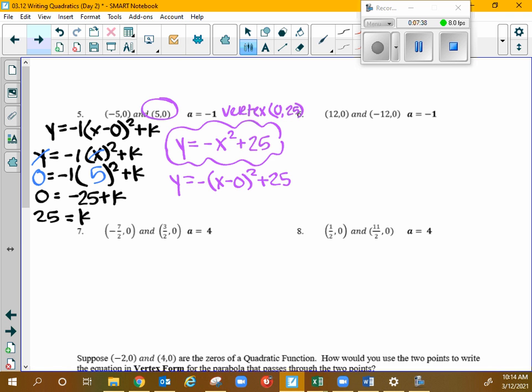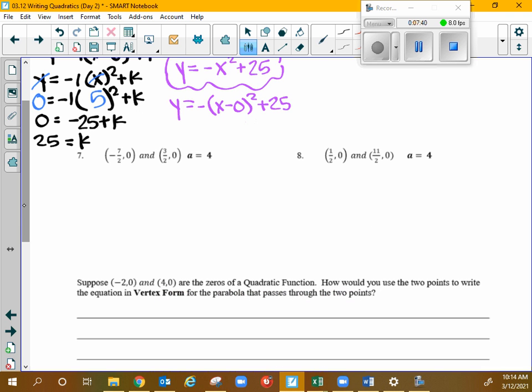All right. Last one together. Number 7. Let's average some zeros. Negative 7 halves plus 3 halves. It's negative 4 halves, which is negative 2. Over 2 is negative 1.